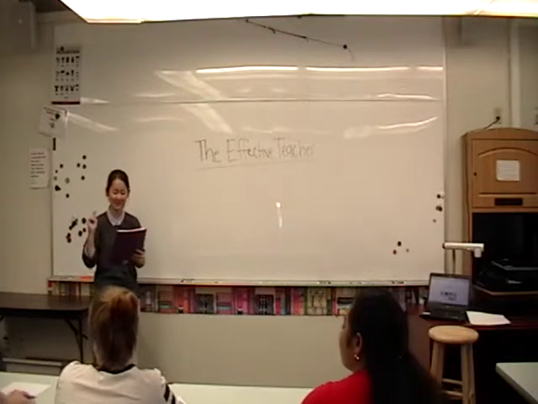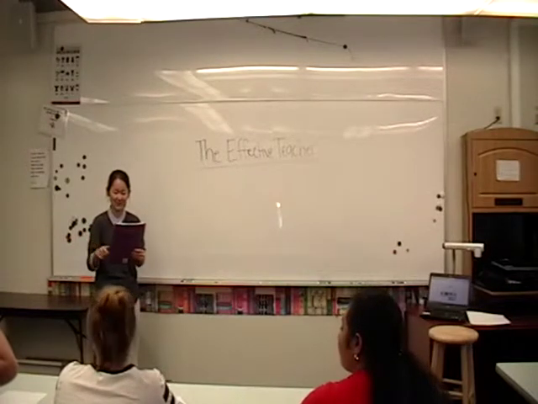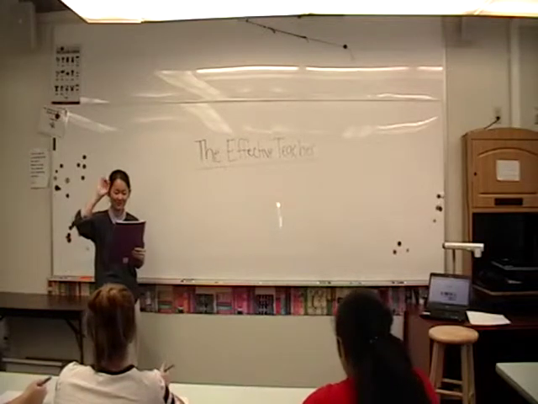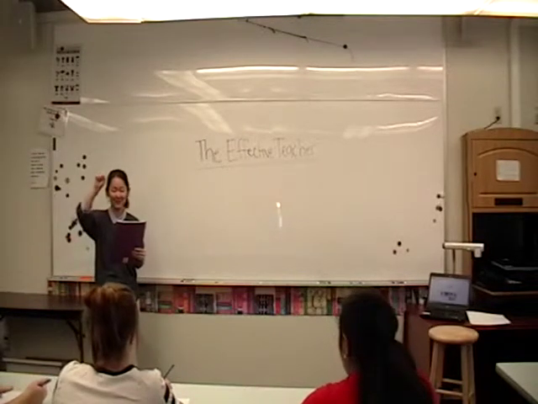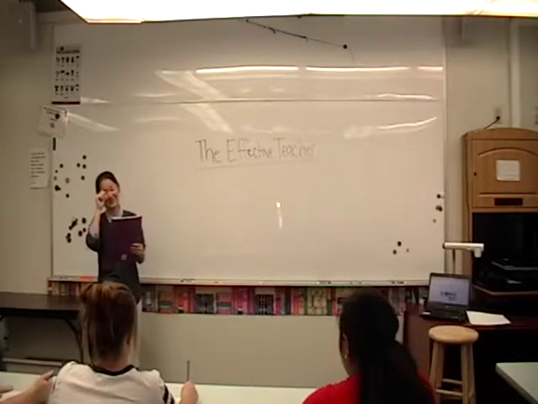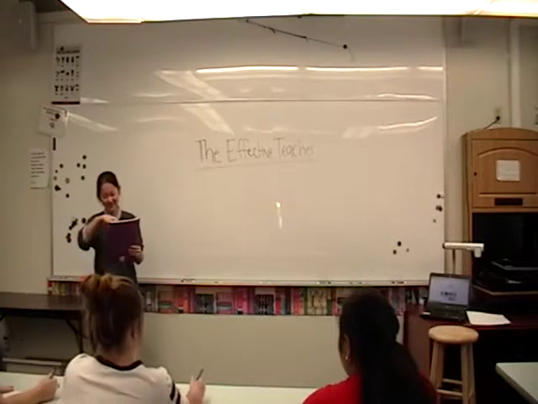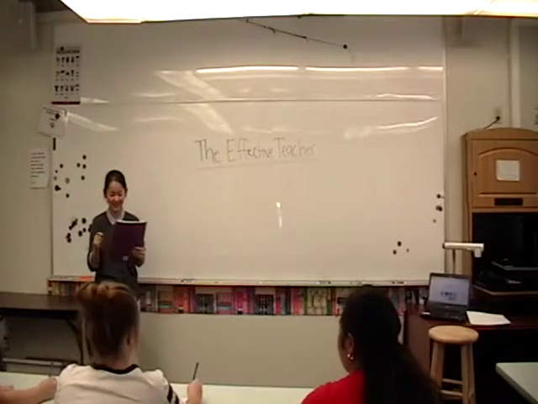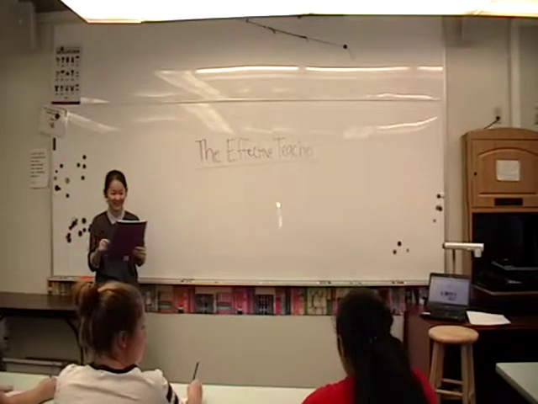Okay, ready? Okay. So first, start drawing a line from the right top and then draw towards the right bottom, for about, I don't know, an inch. And then, across?